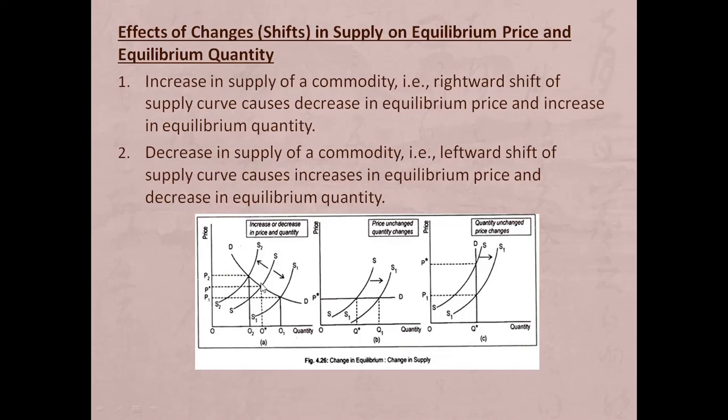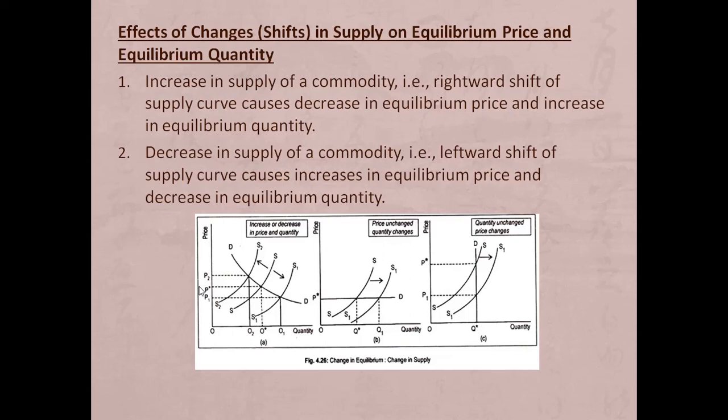Let us suppose that this SS is the initial supply curve. Now there is the leftward shift, which means the quantity supplied has now decreased. At this point of time, supply has been reduced, which means obviously the price will increase.